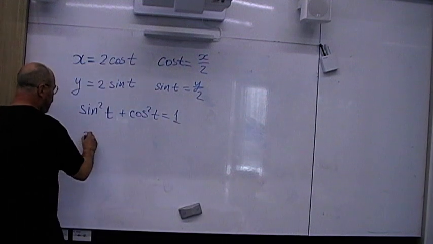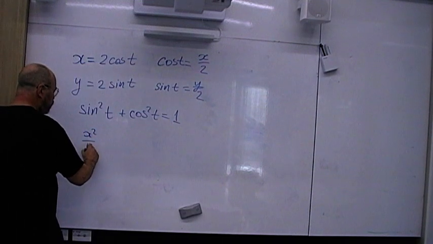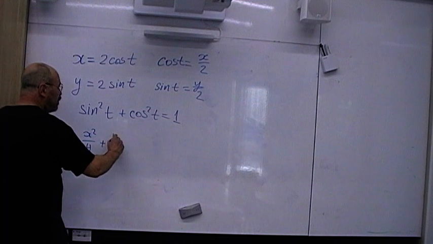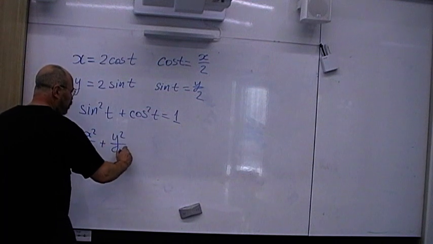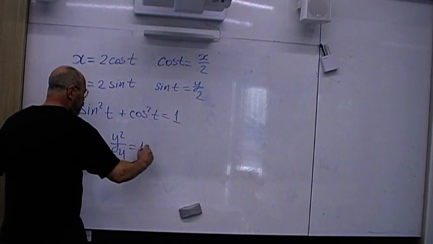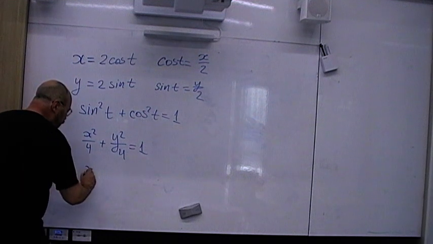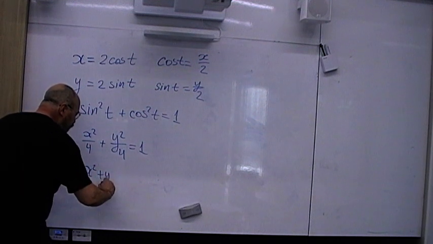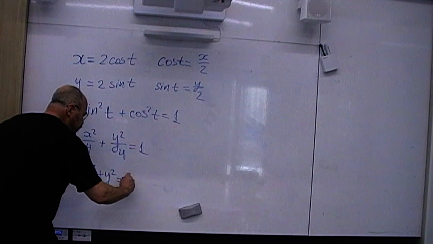So we have x squared over 4 plus y squared over 4 equals 1, or x squared plus y squared equals 4.